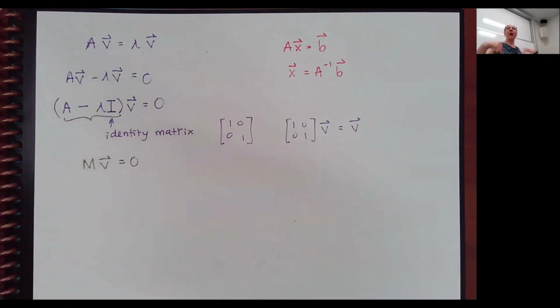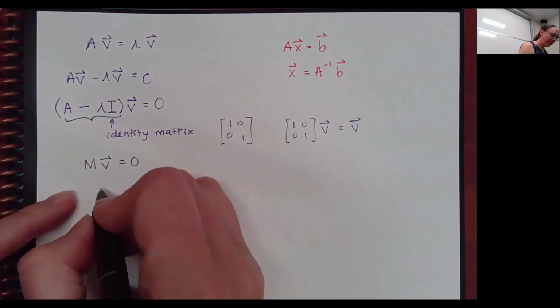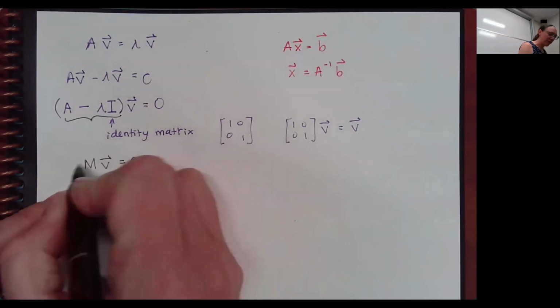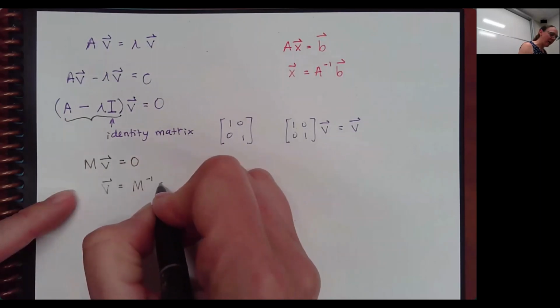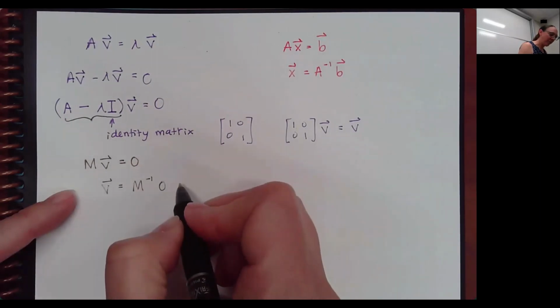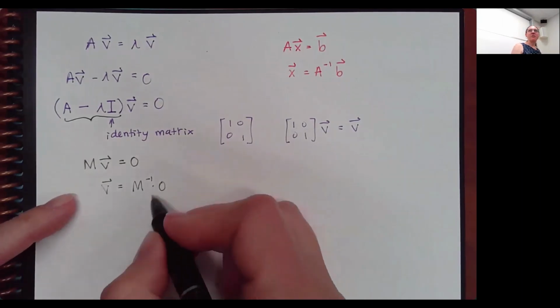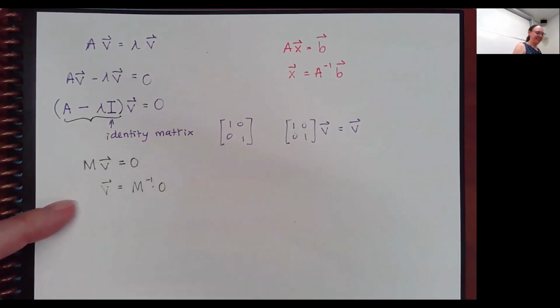And now I can apply that inverse piece. So I can have my vector is equal to the inverse of that matrix M times 0. What is something times 0? This thing does not have interesting solutions.